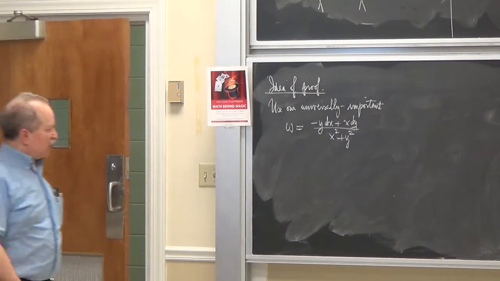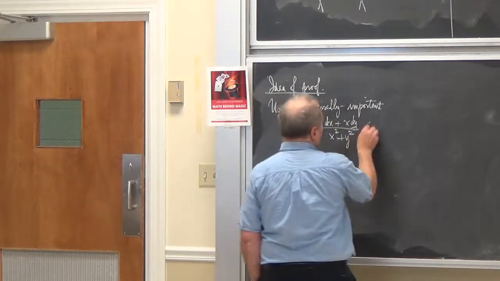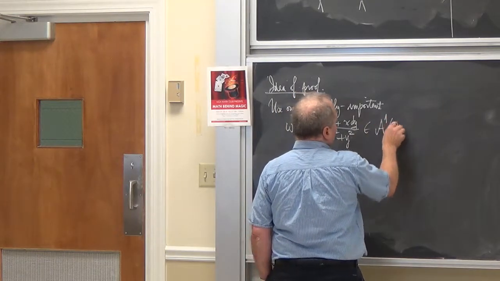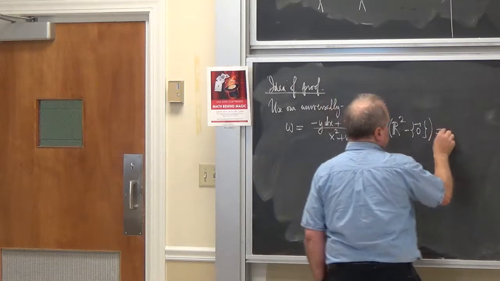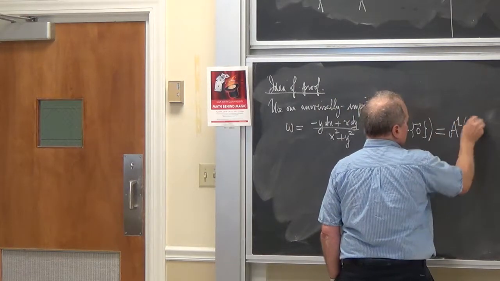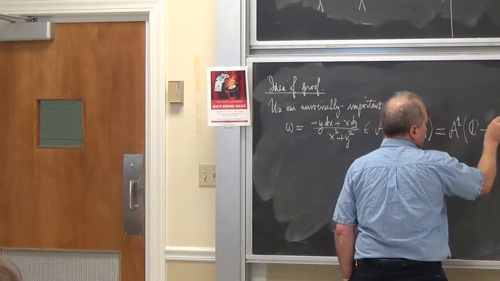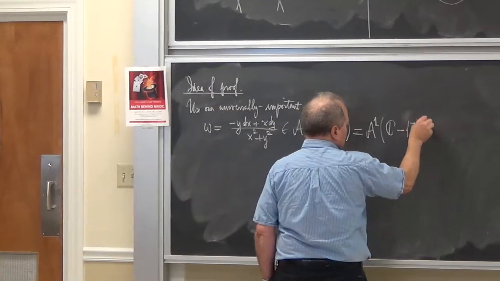R2 minus the origin. Everywhere in the plane except the origin. So this is a one form on all of R2 except the origin. And I'm now going to say that that's what the complex numbers form is in R2.